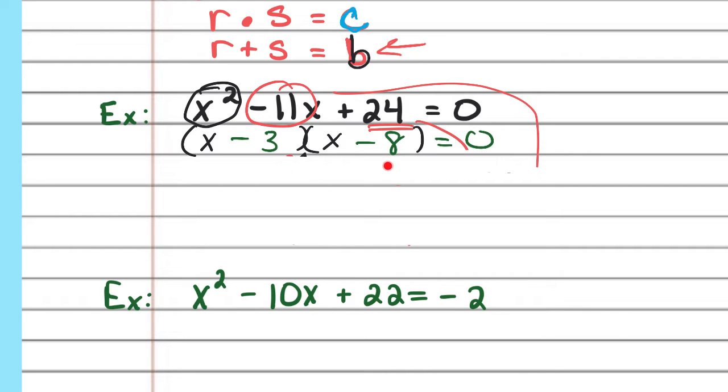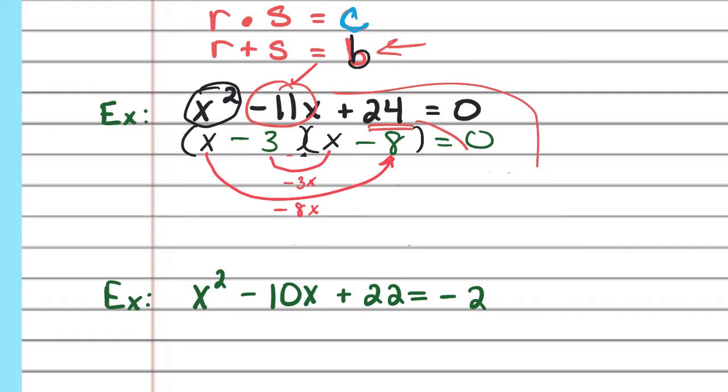Negative 3 times negative 8, that gives you the 24. It's the middle term that people get confused about and where it comes from. Well, that comes from this product when you distribute, and this product when you distribute, and that's a negative 8x and a negative 3x, and they do add up to the negative 11 in the middle.